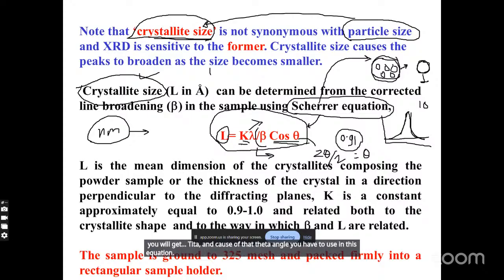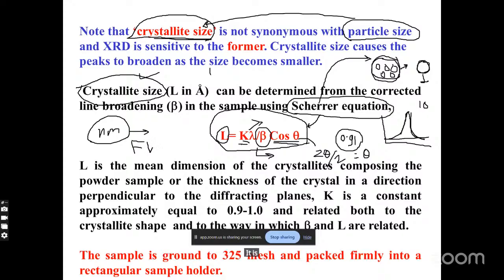What is beta here? Actually people write that beta is FWHM. It is wrong. Beta is not directly the FWHM of your peak. When you have an X-ray diffractometer, it has its own contribution to the broadening of the peak.